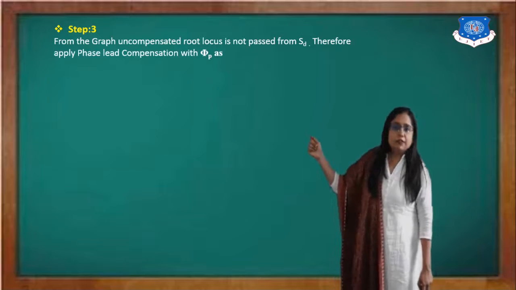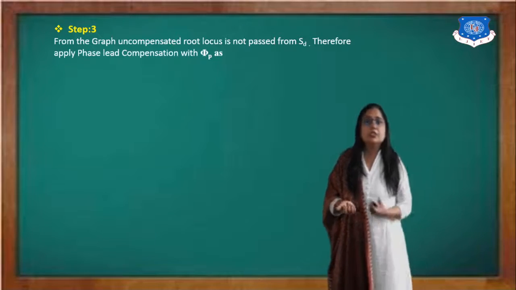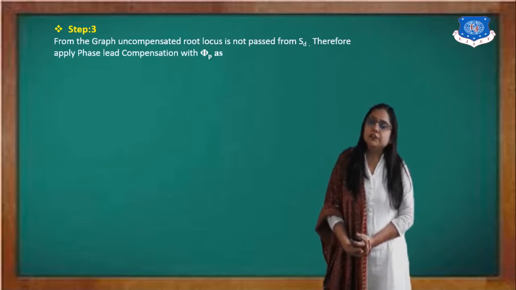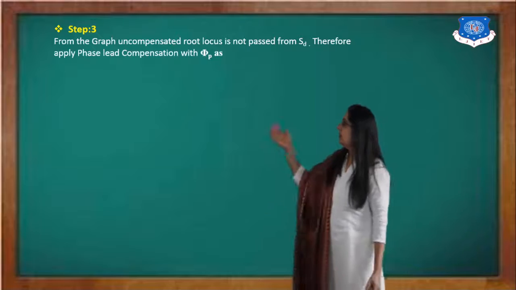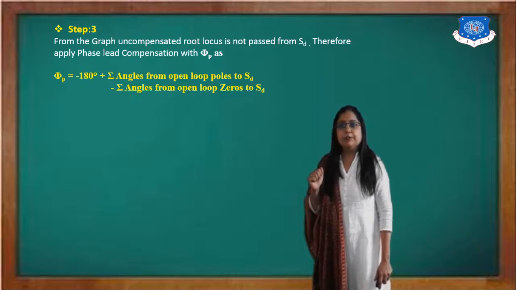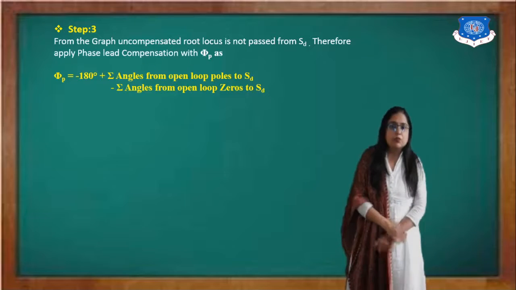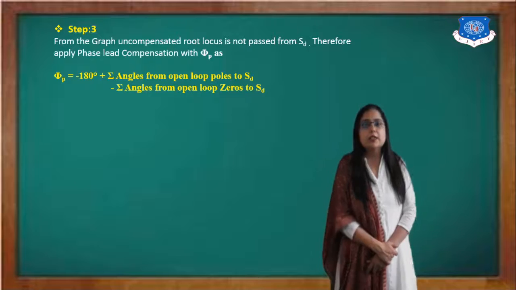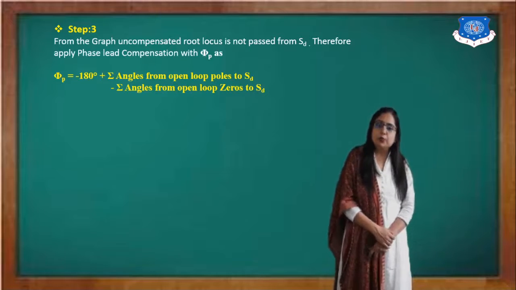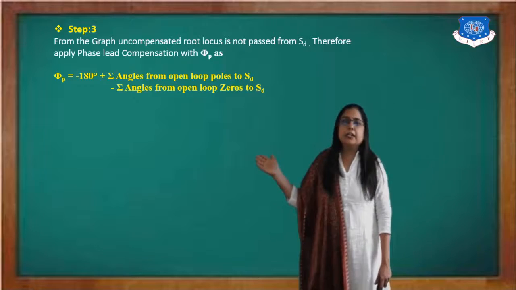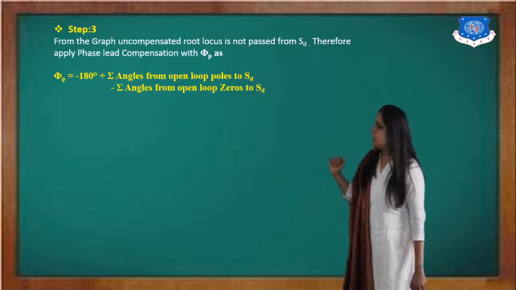From the graph, the uncompensated root locus does not pass through SD, therefore apply the phase lead compensator with the angle phi p. How do we get the value of phi p? The equation is minus 180 degree plus the summation of angles from open loop poles to SD minus the angle from open loop zeros to SD.